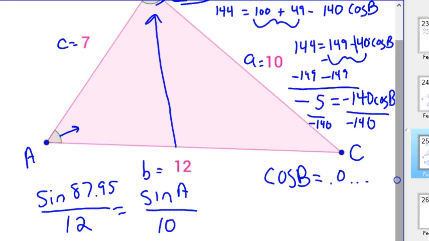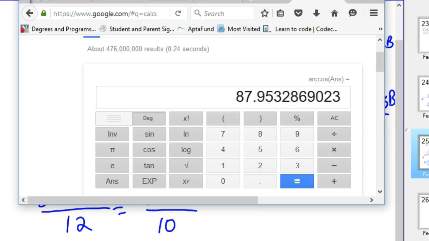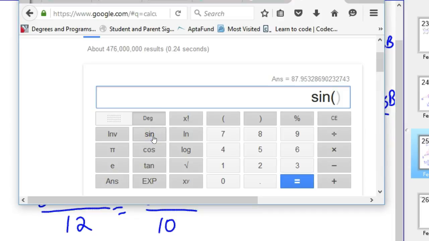Okay, now we can pull up our calculator. So to do this, we just take sine of our 87.95. Make sure you close that parentheses, times 10, and then divide it by 12.